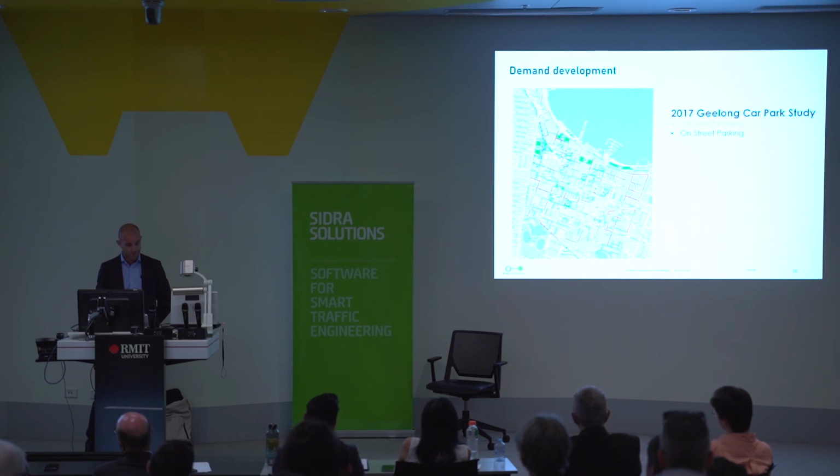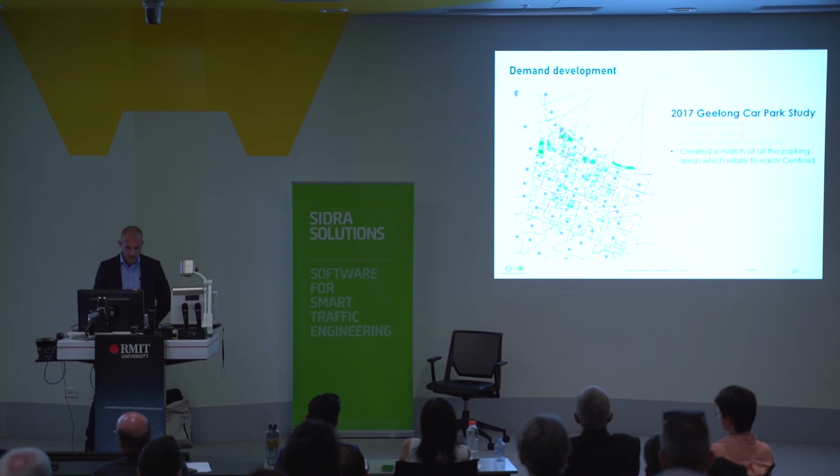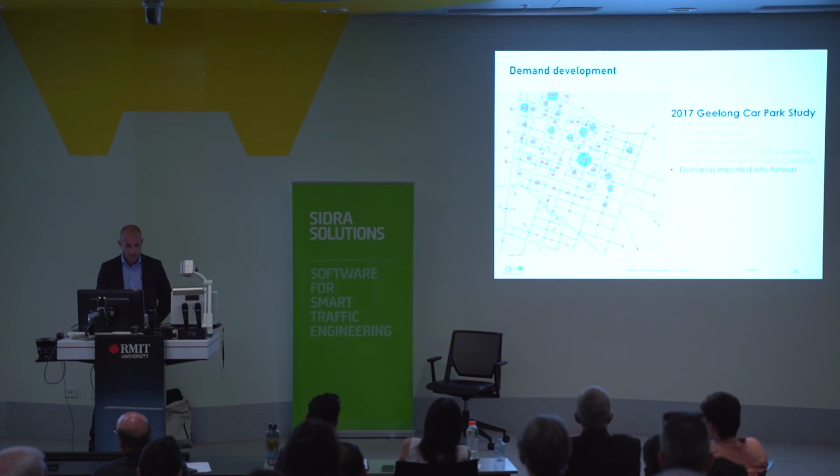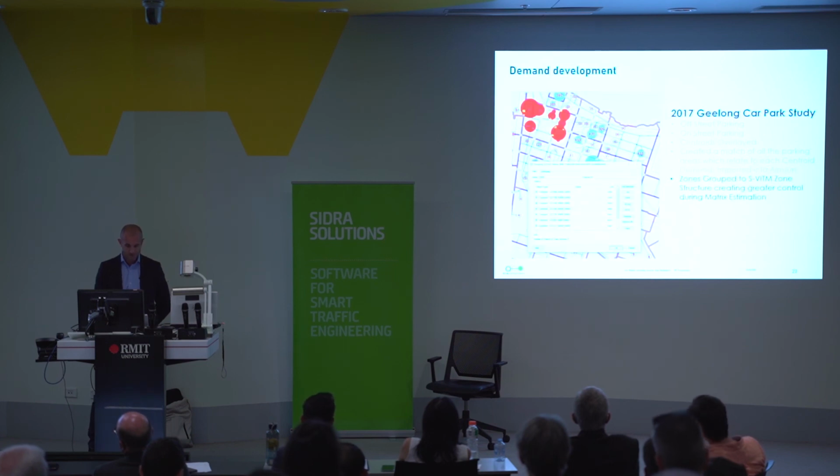We didn't know where they were travelling from, but we were able to add a few more steps into the process. So we're able to develop zones, obviously, we call them centroids. Then we matched a lot of the parking areas with the centroids. Then we imported, obviously, demands to and from the model, which was done in AIMSUN in this instance.